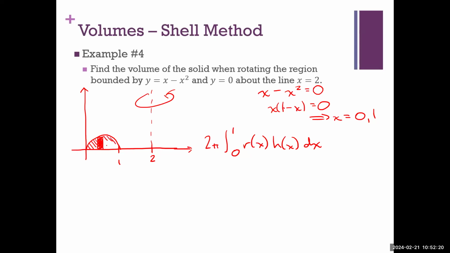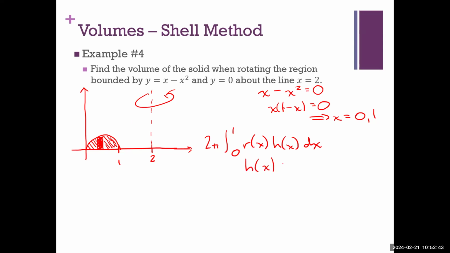So yes, even though I want to revolve it around x equals 2, there is nothing, for example, in here that contributes to that area. So my bounds are going to be strictly between 0 and 1.